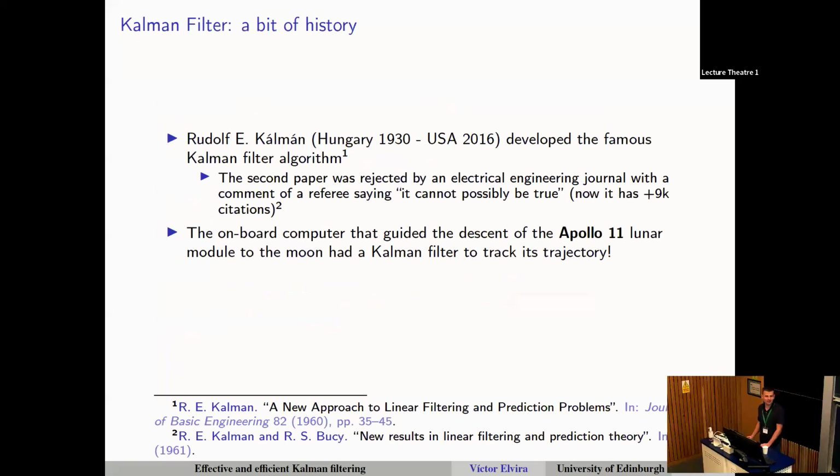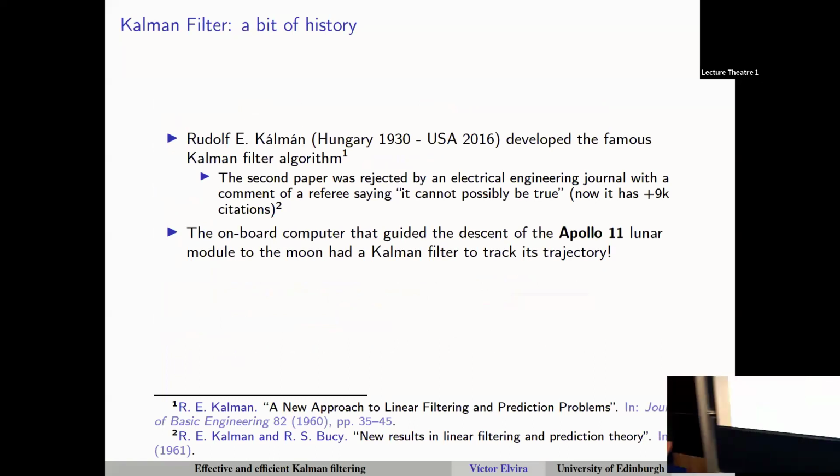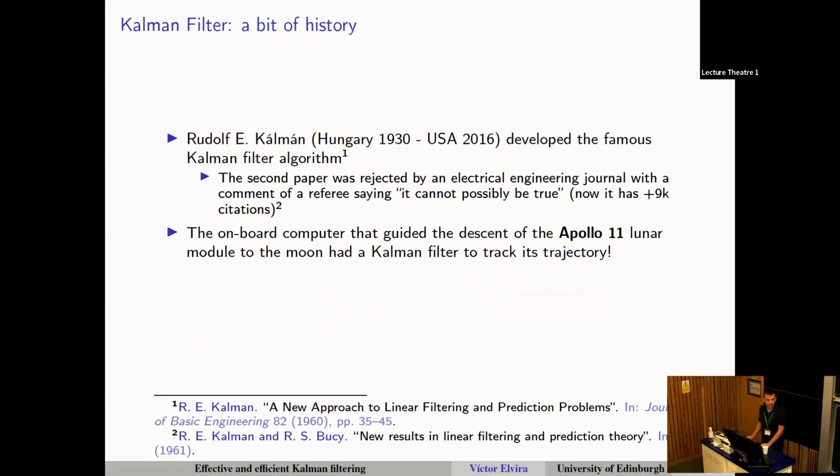Just a bit of history. Peter was telling already yesterday some anecdotes about Mr. Kalman. He developed the Kalman filter in the 60s. I once presented this to a Russian audience. Be careful, I don't know if there is any Russian here, because they claim, and I think they have a point, that some Russian mathematician, whose name I forgot, so apologies for that, developed it as well in the Soviet Union at similar times.